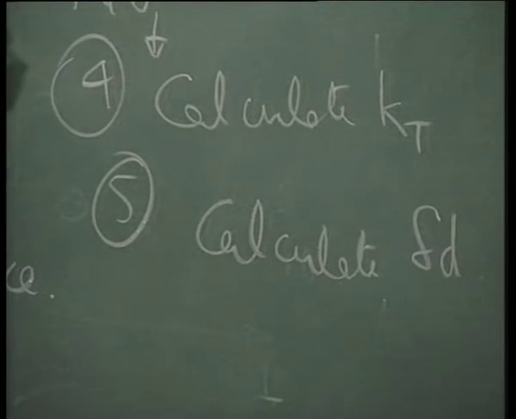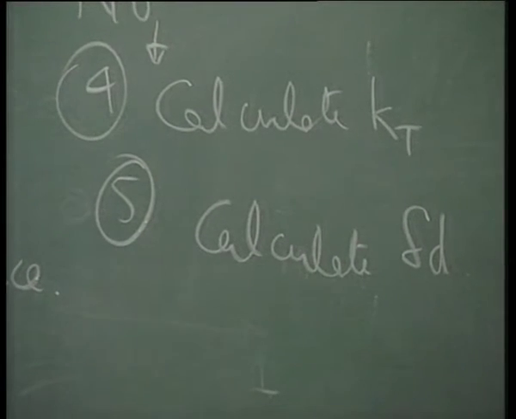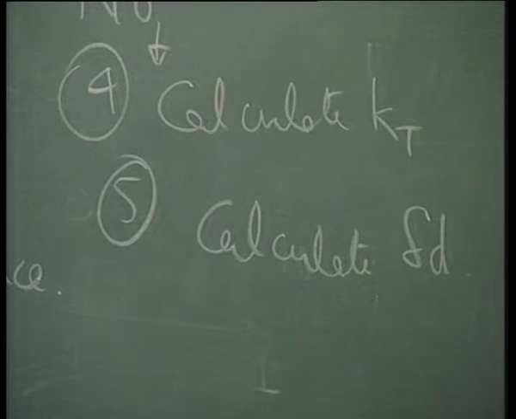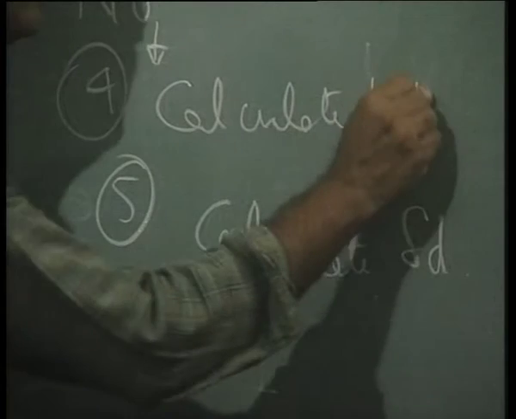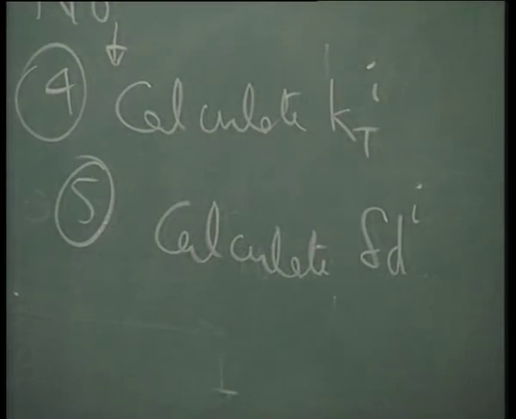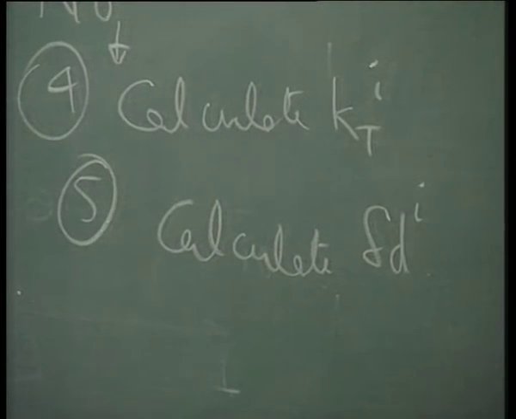Calculate delta D. Delta D is also a vector. Okay. Now, I have to have a count, so I put an iterative count. Right? Okay.